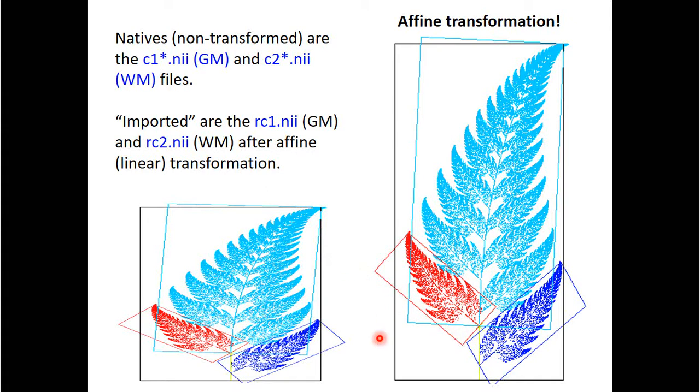Parallel lines always stay parallel. You just stretch, enlarge, or shrink it, but you don't apply anything nonlinear, which is typically not sufficient for proper normalization. But this is a first step to the DARTEL procedure.